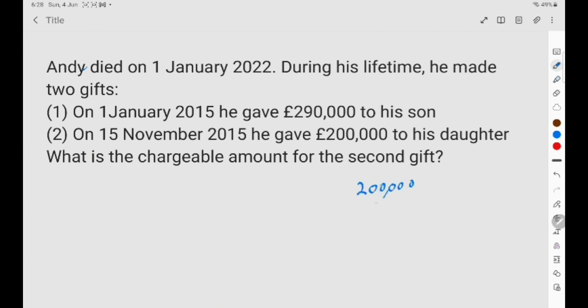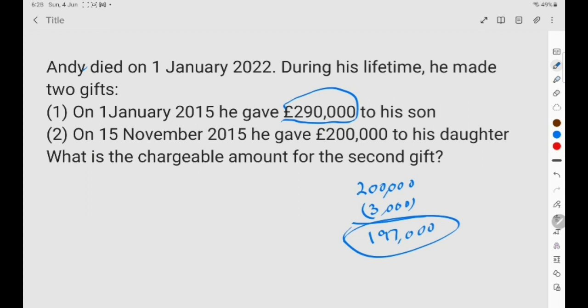And we have to deduct the annual exempt amount, that is 3,000 for the current year. And the previous year, if we consider in the previous year we have gifted in the tax year 15-16, so it is 1,97,000 that is said to be the chargeable amount, right?